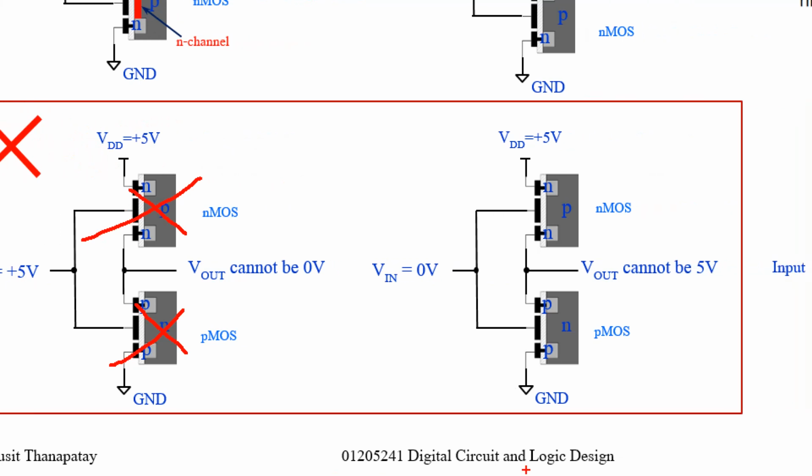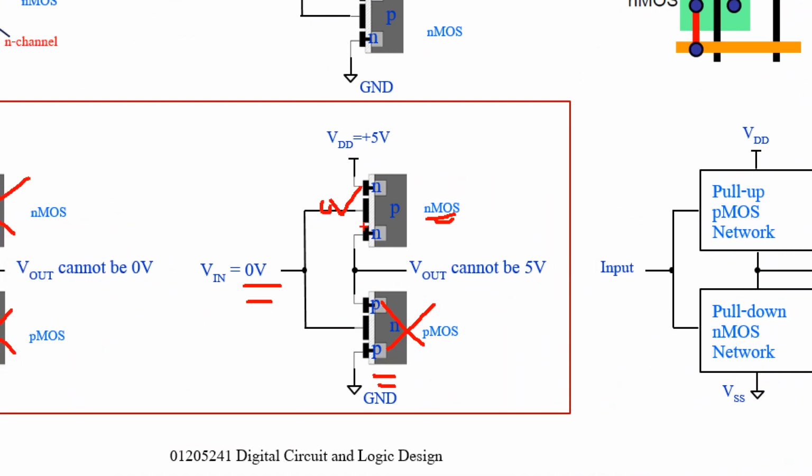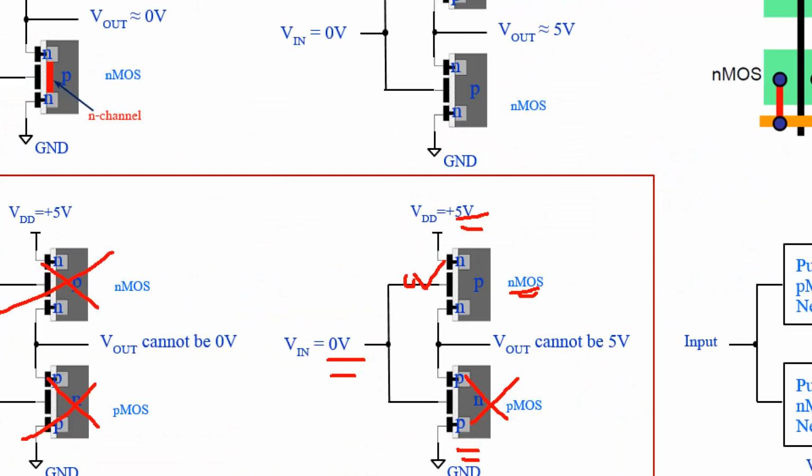Or if you apply 0 volt, 0, 0 at the same, so this one does not turn on, and because this is NMOS, and you apply 0 volt here, but 5 here, the holes will accumulate at this area, right?